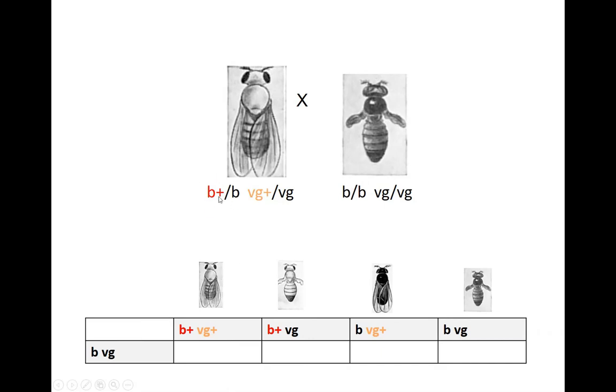We can have that dominant body color with the vestigial wings. We can take the recessive allele for body color, which gives us a black phenotype, and pair that with wild type wings, and we can take that same recessive allele for body color and pair that with the recessive vestigial wings. So these are the potential gametes we can work this out with.